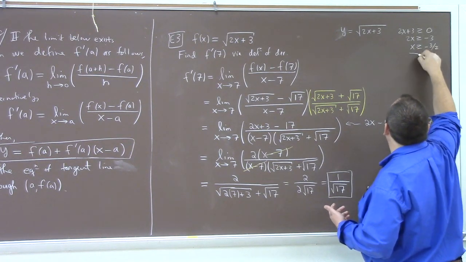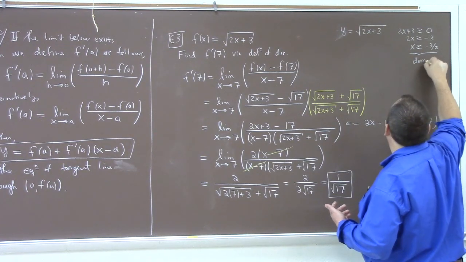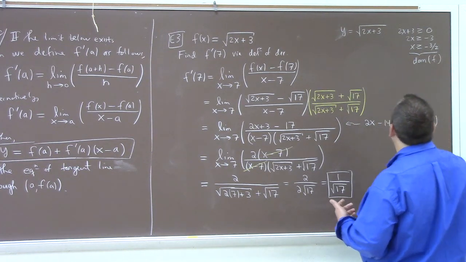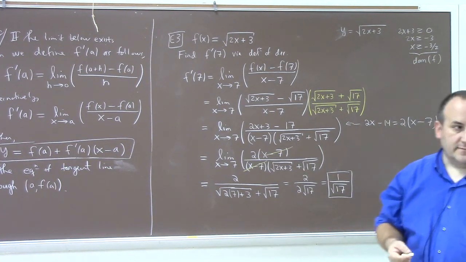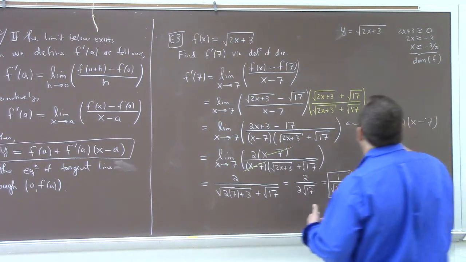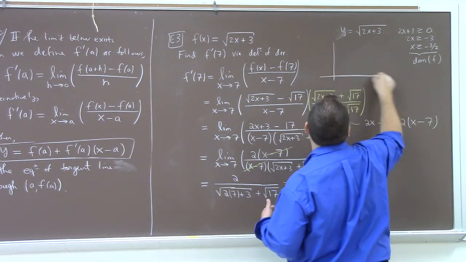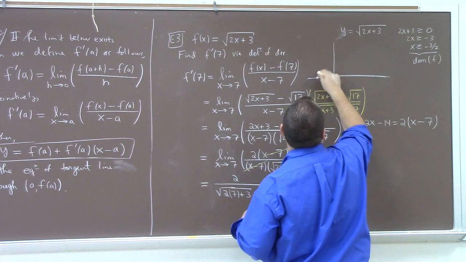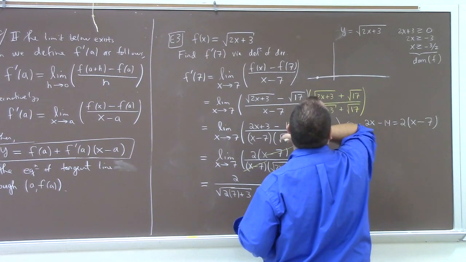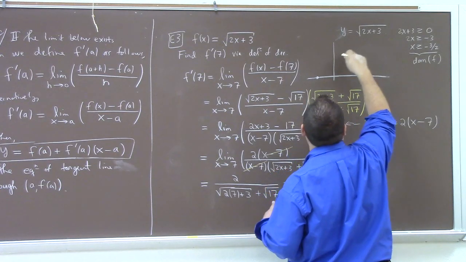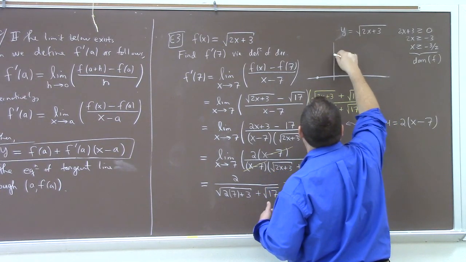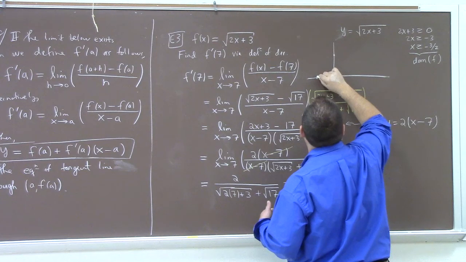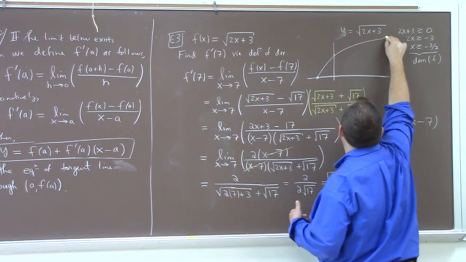So this is the domain of f, yeah? And so what you're looking at here is it starts at minus 1.5, and it goes to the square root of 3 at 0, so it's about here-ish. And it's just kind of one of these deals.